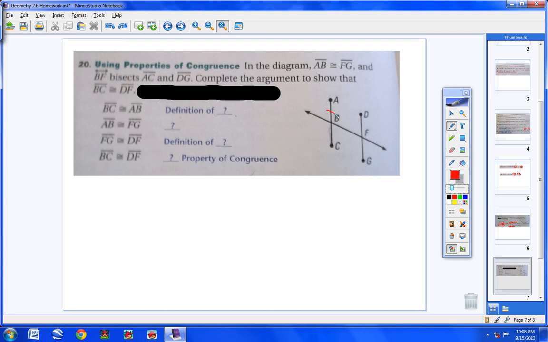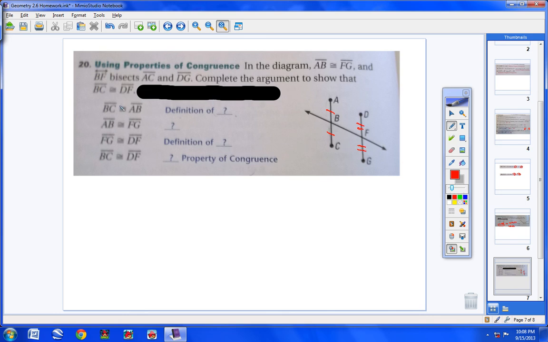So I know this is congruent to this, and I know this is congruent to this, okay? Because it says right here, BF bisects this segment and this segment. So I know that this segment is congruent to this segment, and this segment here is congruent to this segment.